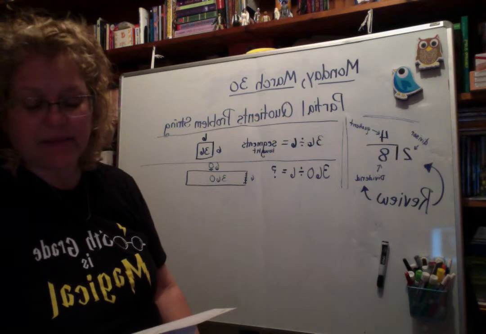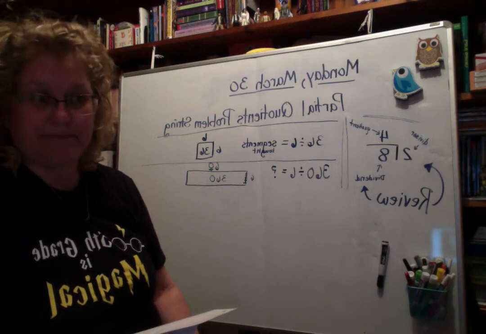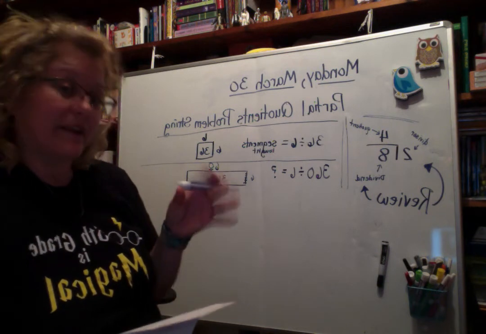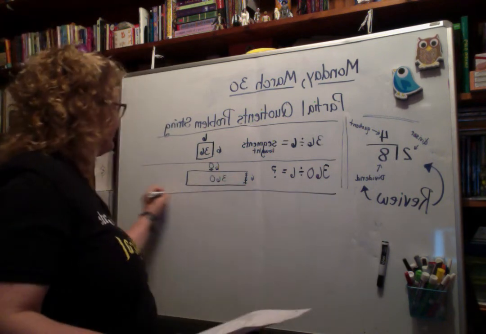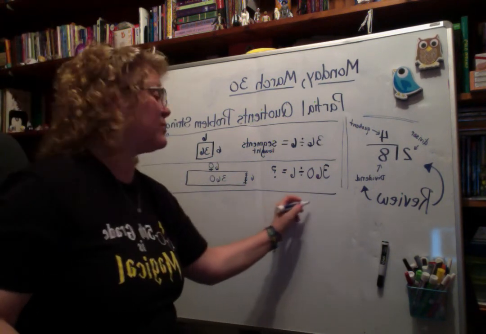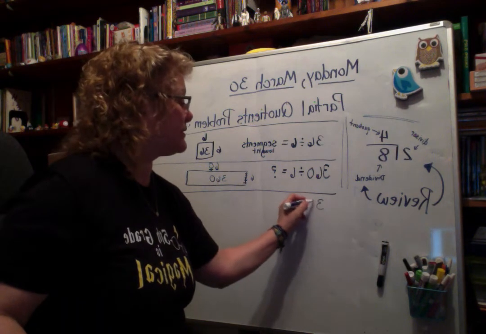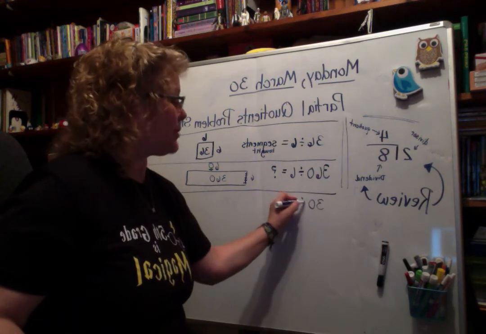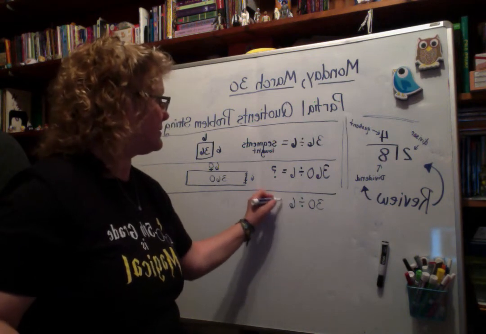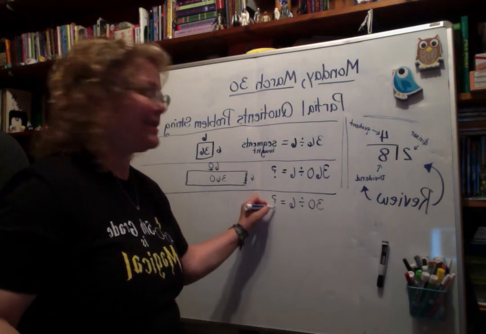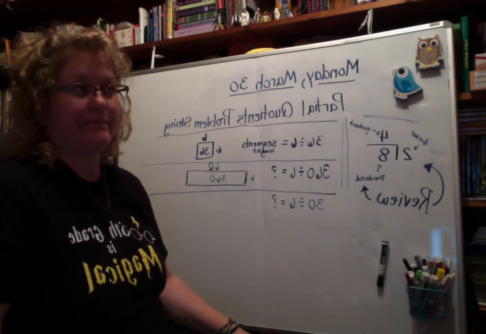How many segments did she buy this time? So the number of stickers in each segment stayed the same. The total that she bought was 30. I need to break that into groups of 6. And now they want to know how many segments I bought there.